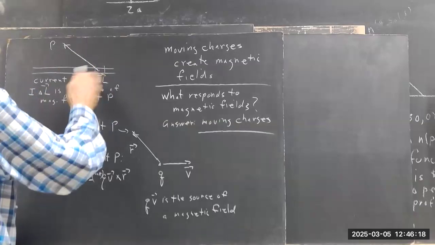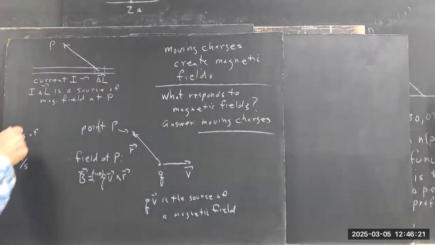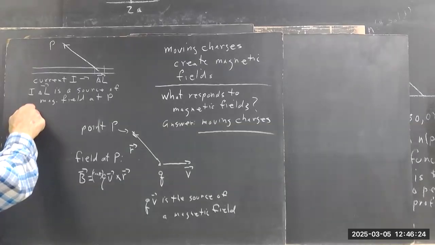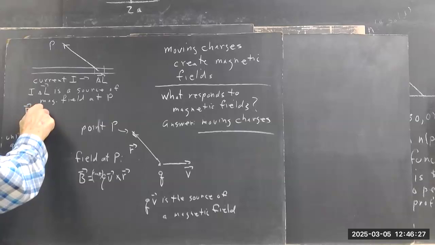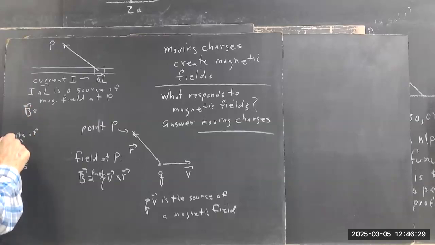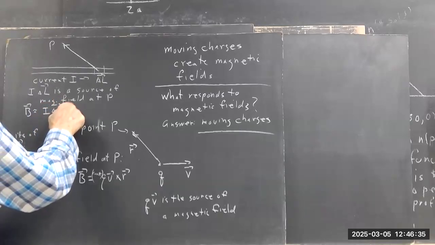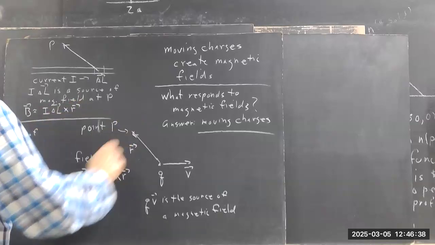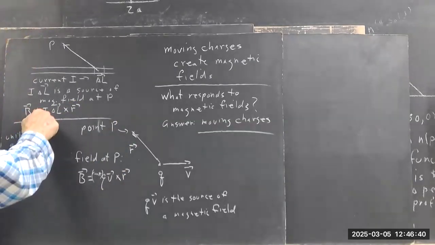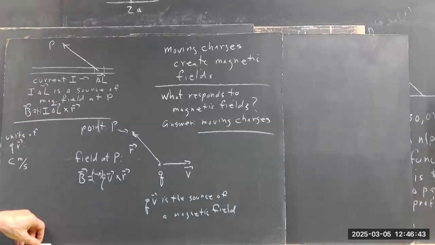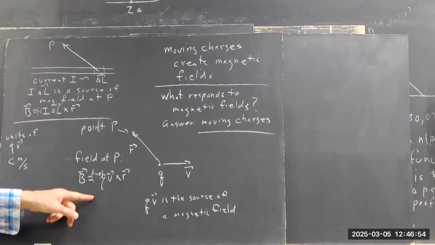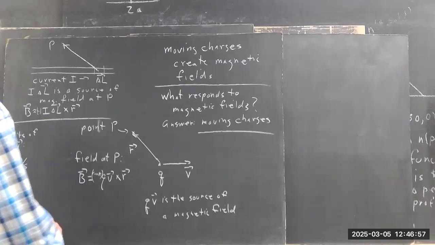It goes from some point within delta L to P. Same rule with the magnetic constant. Same constant here as here.